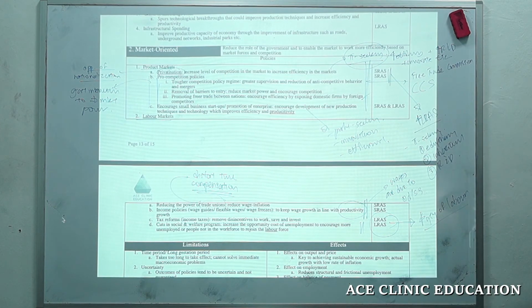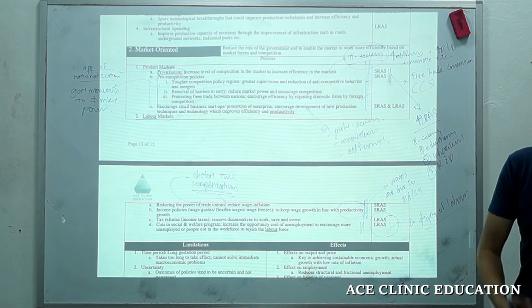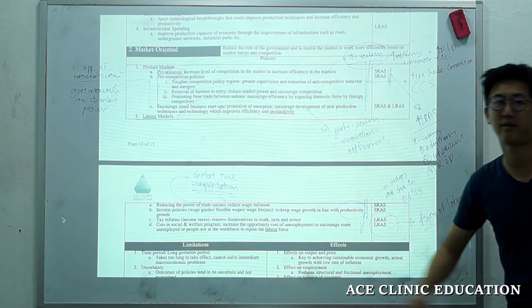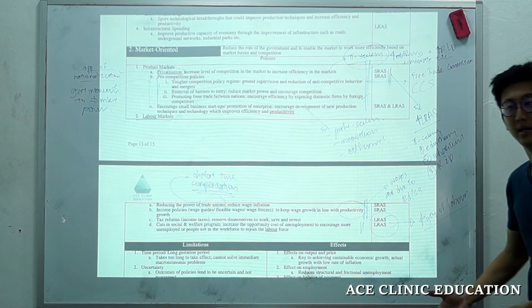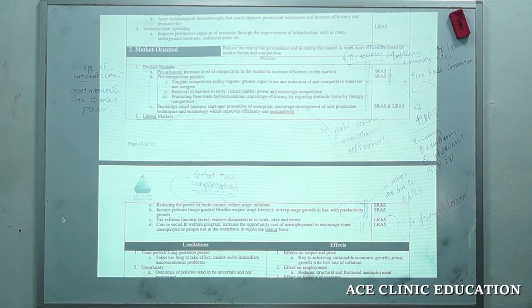Every dollar you earn, you get to retain more. So that's the incentive, that's the carrot. The stick is that I cut social welfare programs so that you will be more desperate to get a job. You can't live off the government because that's not enough. Then you go find a job and go to work, so that contributes to the labor force, and that will increase the quantity of labor. The LRAS will rise in that process.